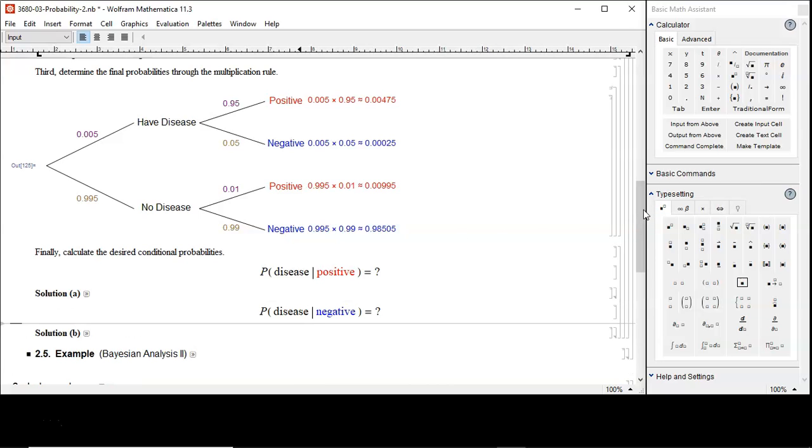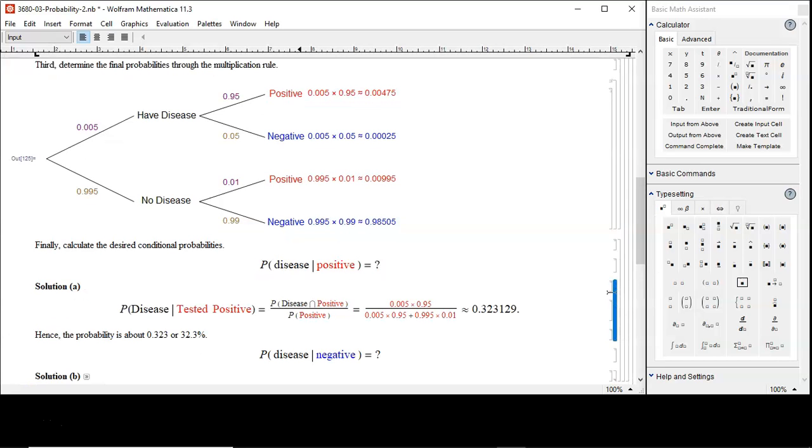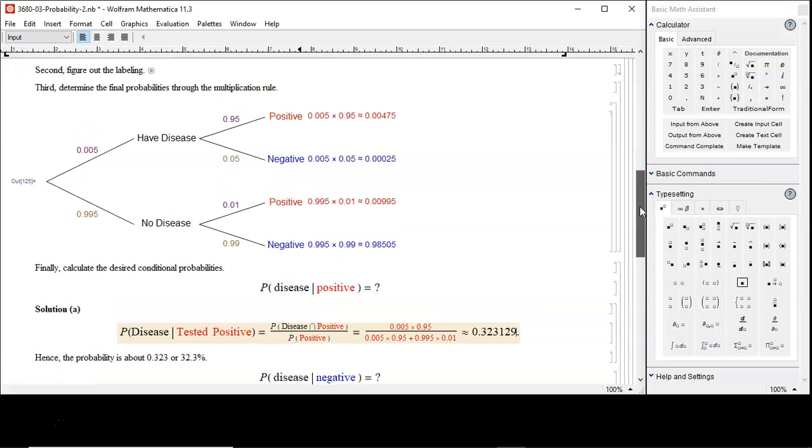Okay, A is: what's the probability that you have the disease when the test result was positive? The condition part goes to the denominator, so these two, the red part, will have to go down. And among those, which one are you particularly interested in? Having the disease part, that one. Consequently, we have this computation there.